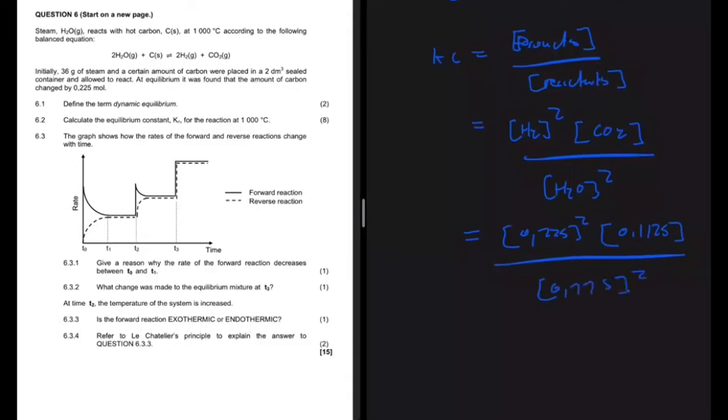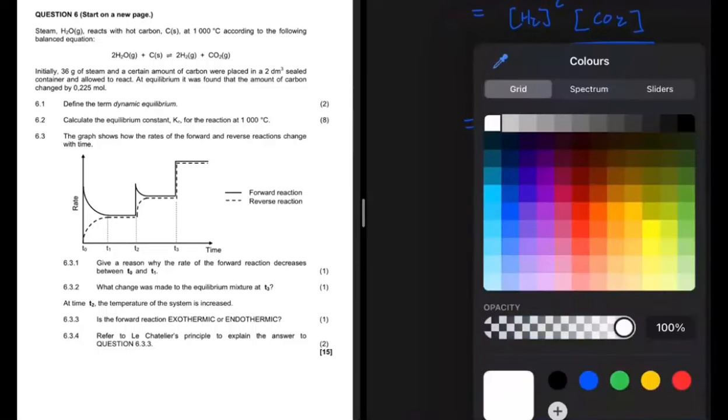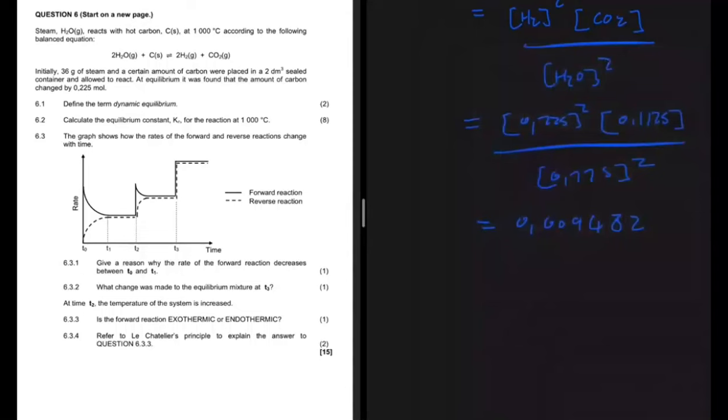And then we square it. After we square it, we can then put it in a calculator, and we have determined our Kc. And that is 0.00942. And then we don't have any SI unit for Kc. So now we can move forward.